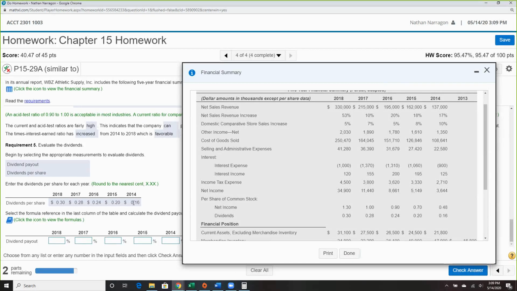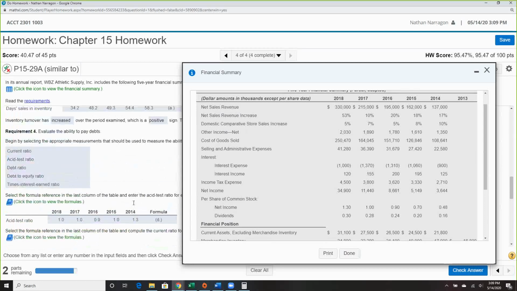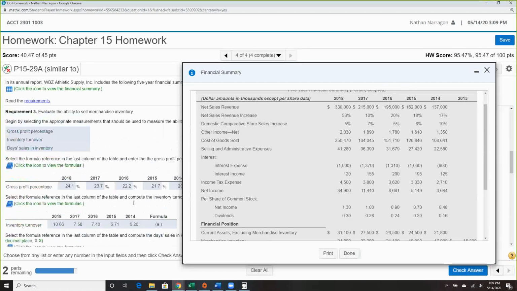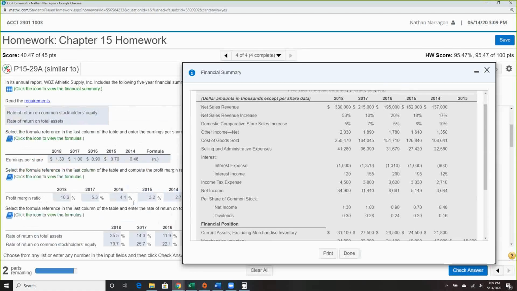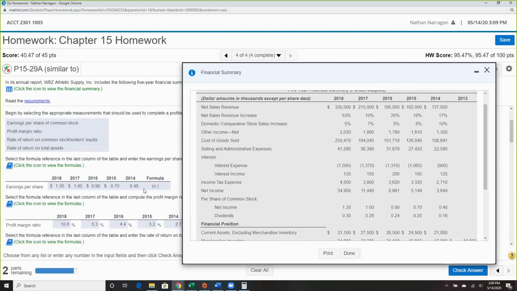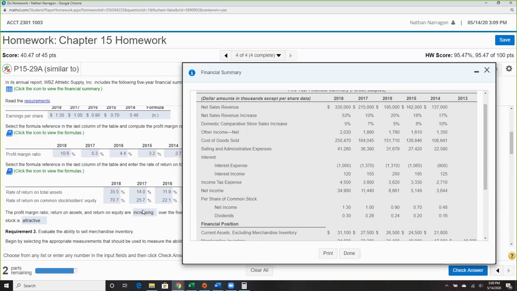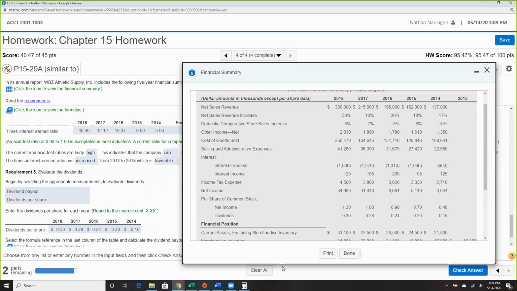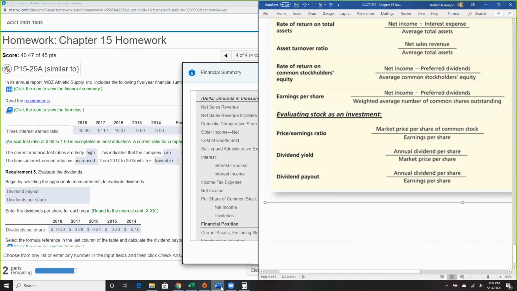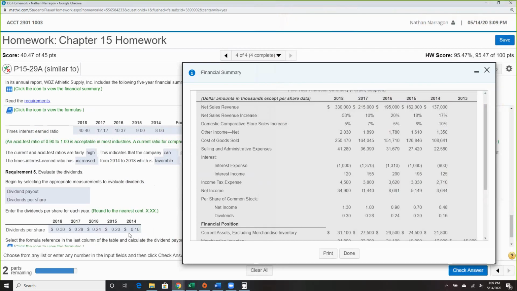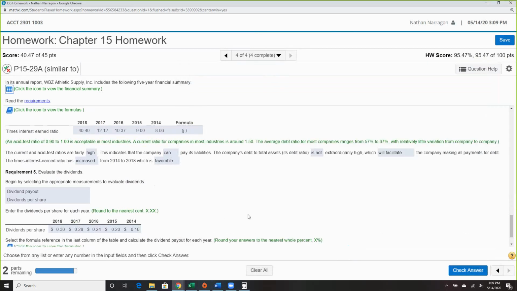So didn't we have earnings per share already? Yeah, there we go. We already got earnings per share. It's up here. So basically it's taking our dividends and we're going to divide by each of those earnings. So we don't need this right now. Okay.